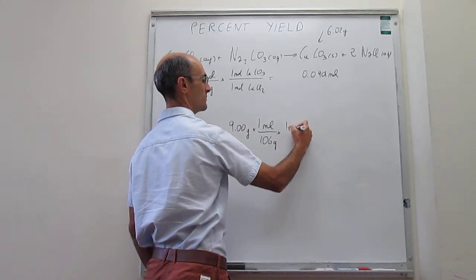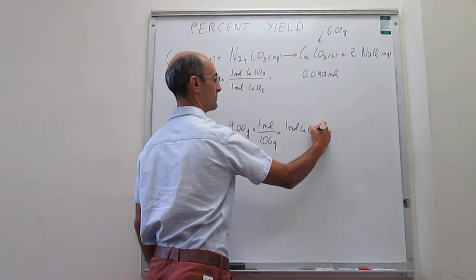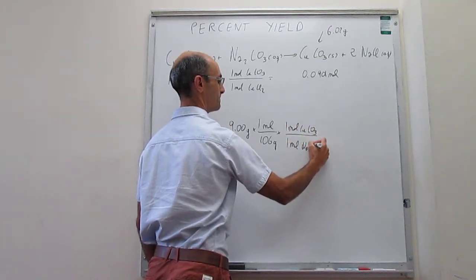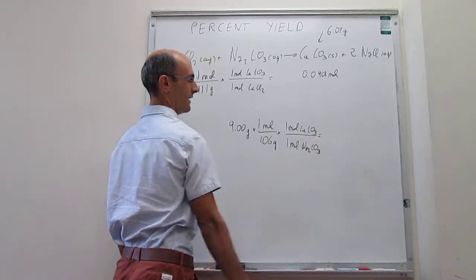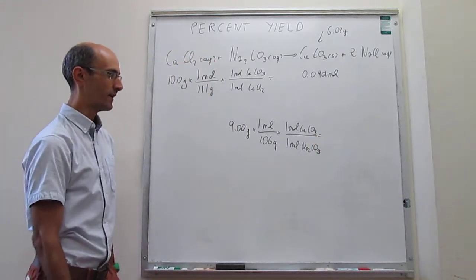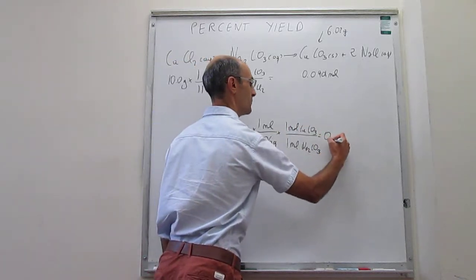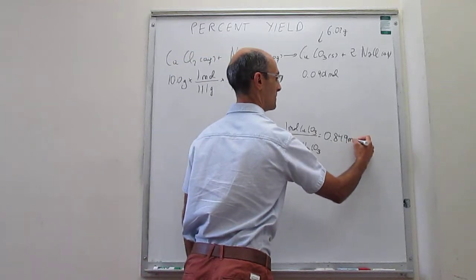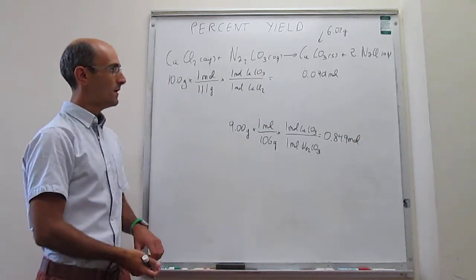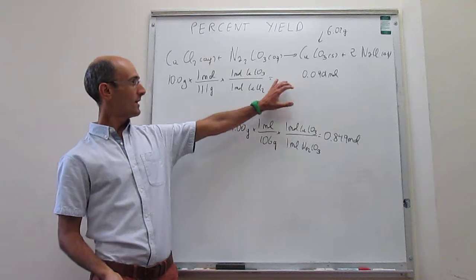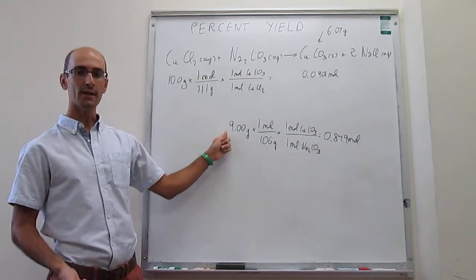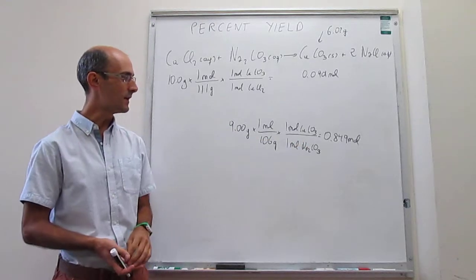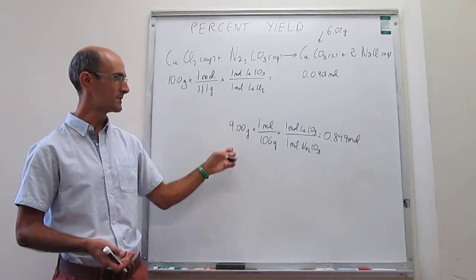So that is going to be 1 mole of calcium carbonate over 1 mole of sodium carbonate. And when we do this calculation, we find a result of 0.849 mole of calcium carbonate. Okay, comparing the moles obtained with each one of the reagents, we realize that sodium carbonate happens to be the limiting reagent because it's the one that gives you the lower amount of product. Okay, so this one is limiting.